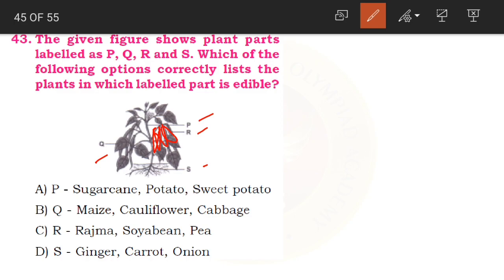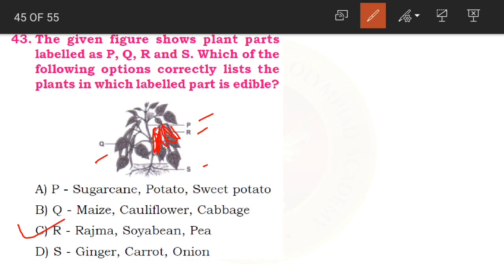No. Can we eat the stem? No. Leaves we cannot eat. Edible is which we can eat. But these vegetables like beans and all that, those are edible. That part is edible. So here in our question, C option is the correct answer.